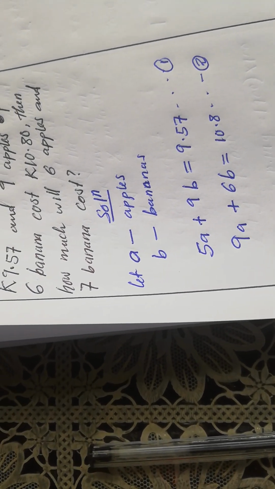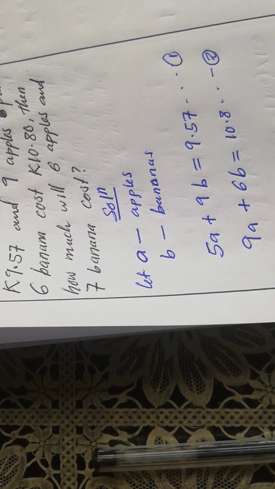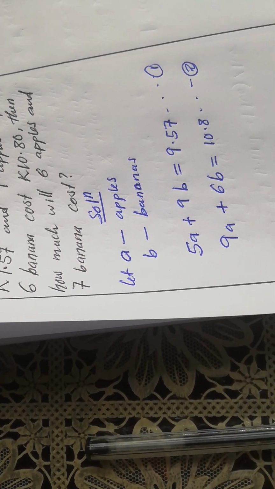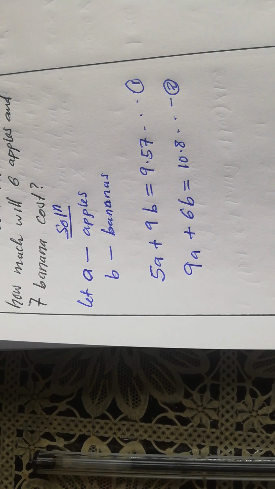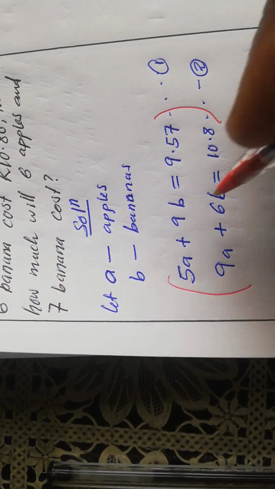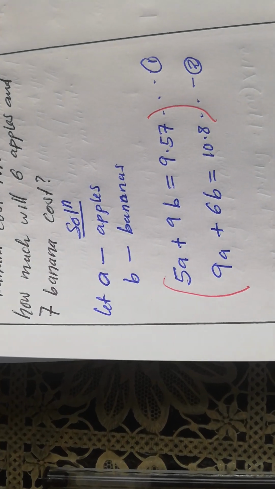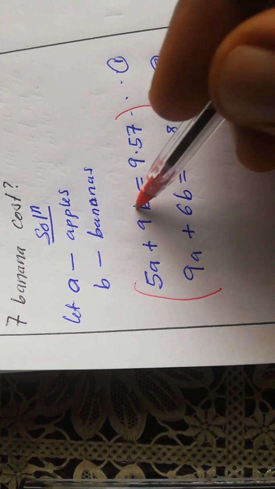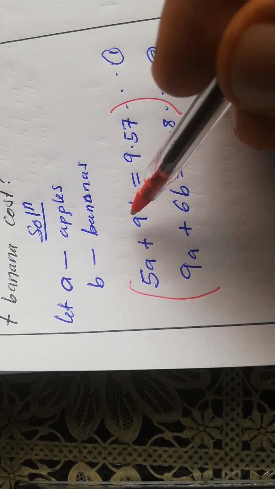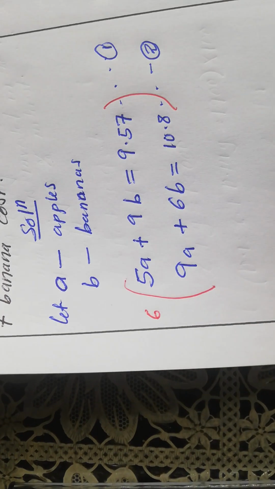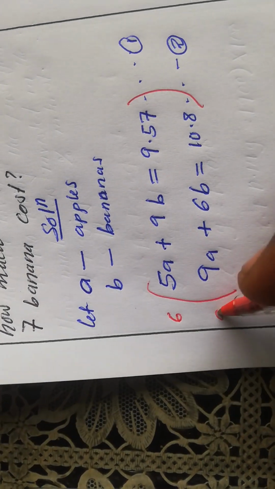If that is the case, we can solve these systems of equations using the elimination method. The easiest way is to multiply these equations by the coefficient of the variable that we want to eliminate. In this case, I want to eliminate B. So I'll multiply the second equation by 6, the first equation by 9.